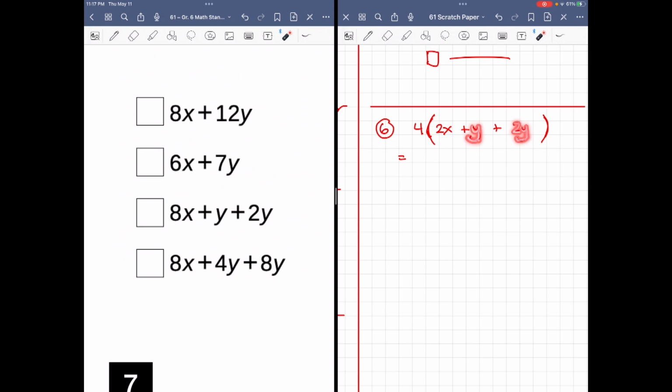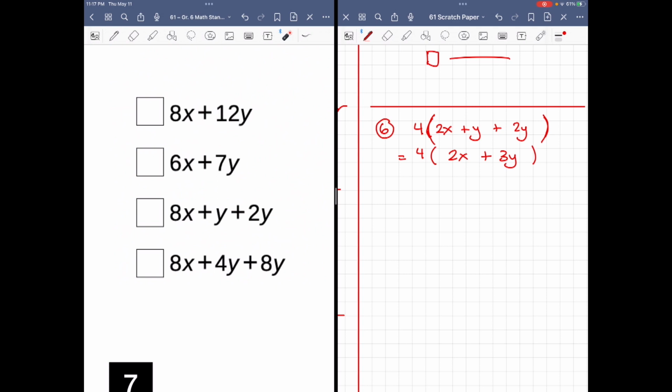So on the next line, write down 4 times the quantity. And we have 2x plus 3 y's right over here. Write down 2x plus 3y. So all I did was add this 1 y and 2 more y's together to get the 3 y's over here.